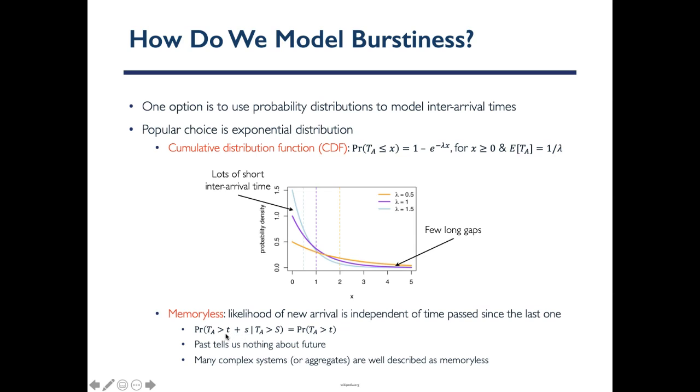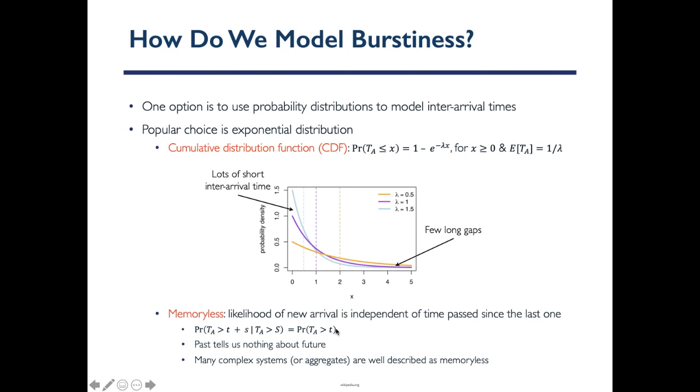You want to see how probable it is that you have to wait another t on top of the s that you have waited. So given that you have already waited for s, what's the probability that TA is more than t plus s? This probability is exactly the same as if you haven't waited at all, as if s is 0, as if you just want to see the probability of TA being more than t. So it's memoryless. It doesn't matter how much you have waited so far.